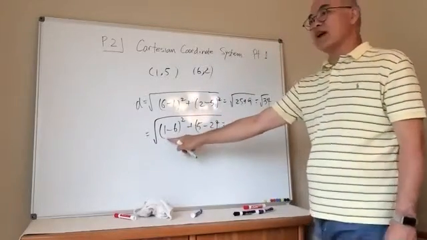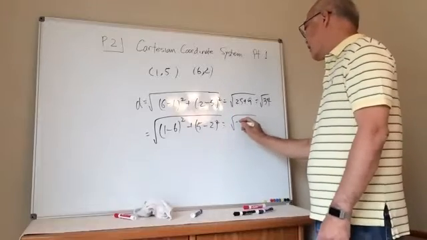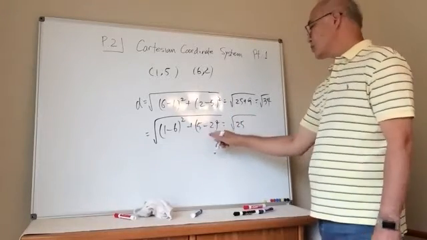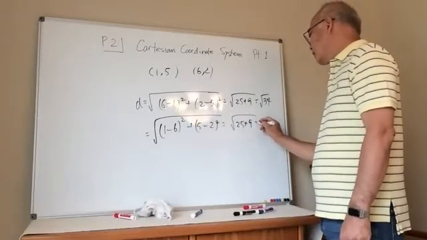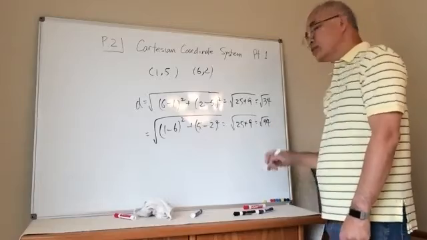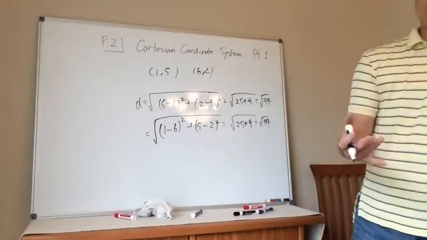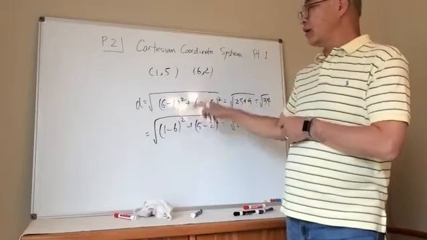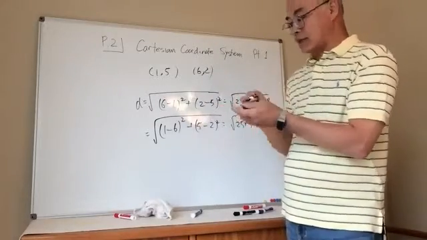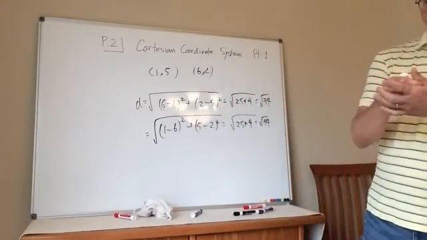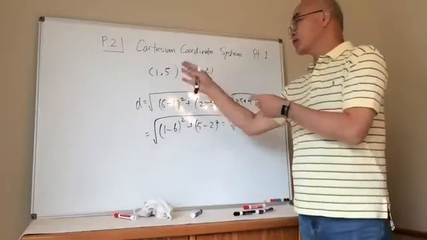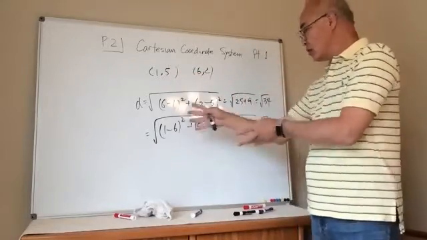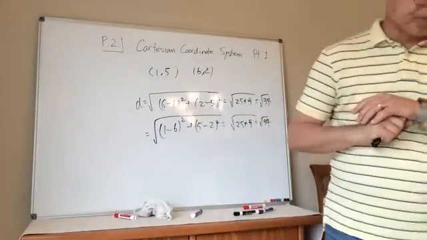You have minus 5 times minus 5, which is 25 again. 3 times 3 is 9. 34. In other words, it doesn't matter whether I put this guy as x1, y1 or this guy as x1, y1, as long as I keep them correct. Either one of them is x1, y1, the other one's x2, y2, it should come out the same. Okay?